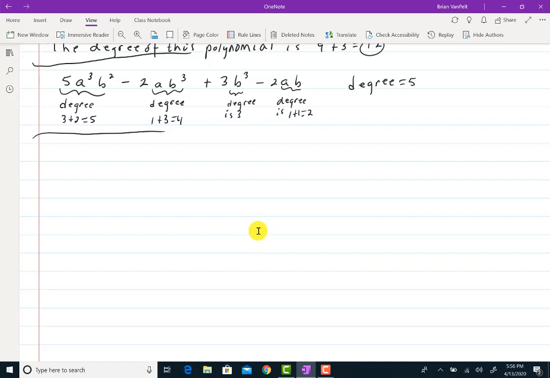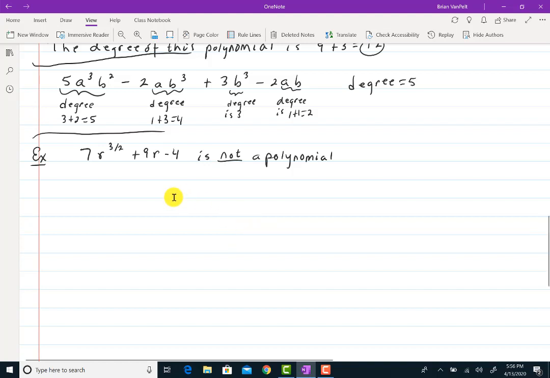Let me do another example here. If I have something like 7r to the 3/2 plus 9r minus 4, an expression like that is not a polynomial. Why? Because one of the powers is not a whole number. Right here, 3/2 is not a whole number.